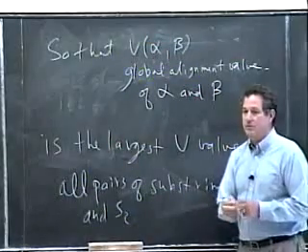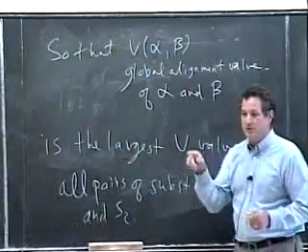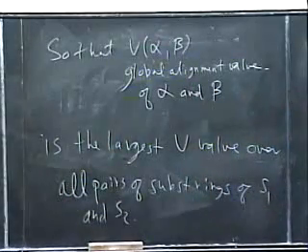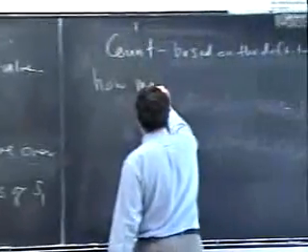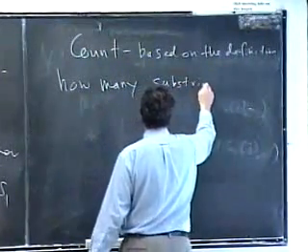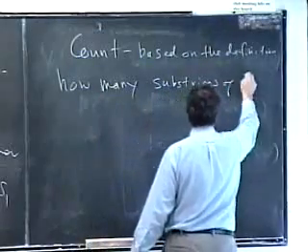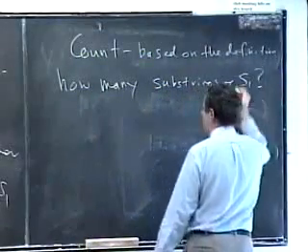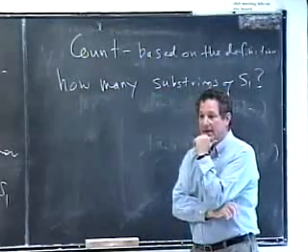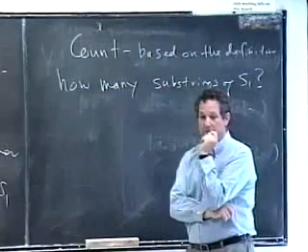Okay? I could ask you in this approach how many loops it takes, but implicitly that's what we're going to do when we count. So how many substrings of S1 are there? S1, remember, has length n.